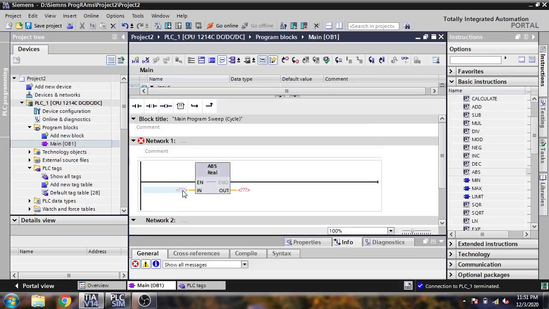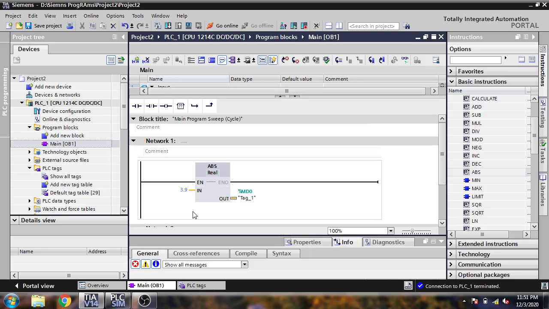Going again to the main block, I am going to put 3.9 there and MD0. So you will see it will give us an absolute value. It will convert that value to 4.